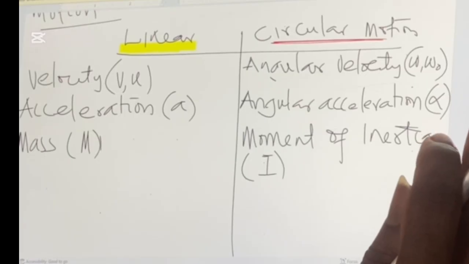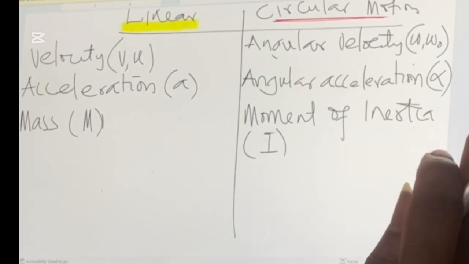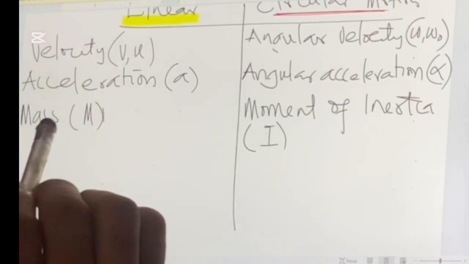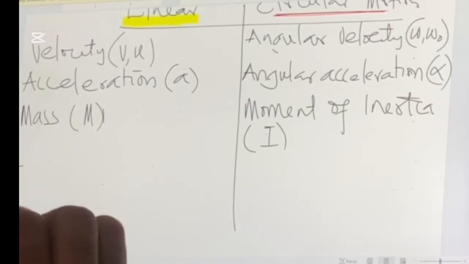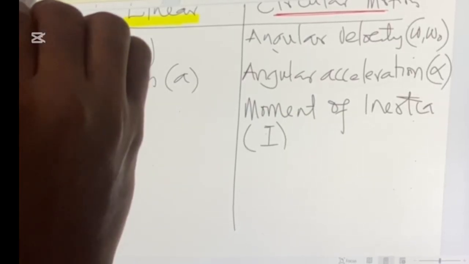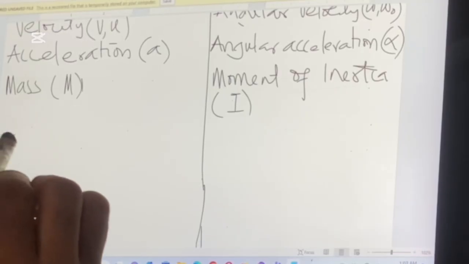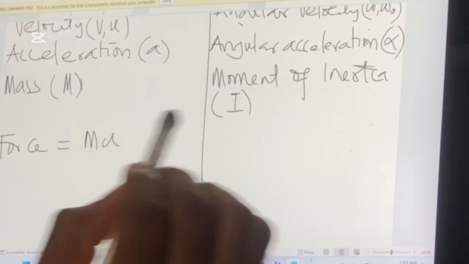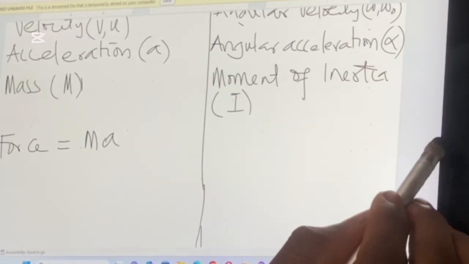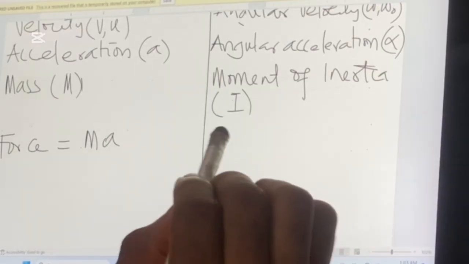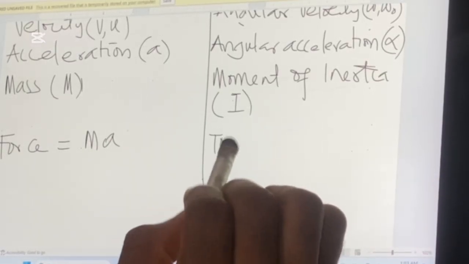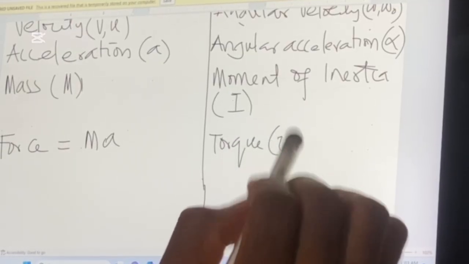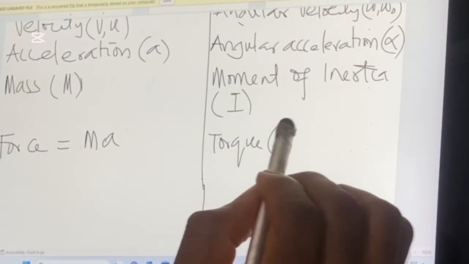The next one here is force. Force is mass times acceleration. But in terms of circular or rotational, we call it torque, and we use tau to represent torque.